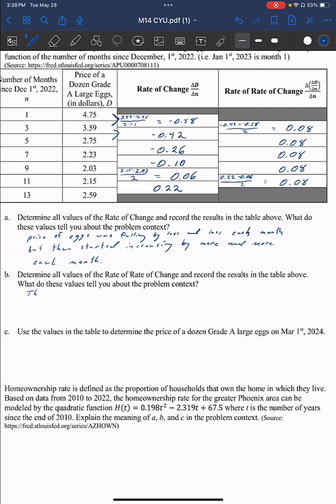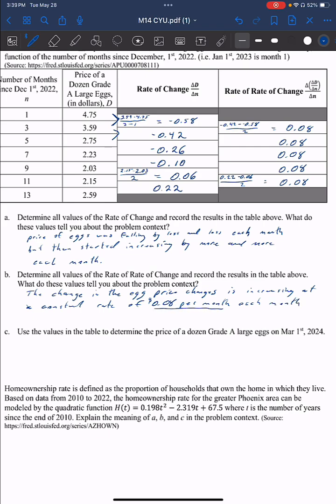So this says the change in the egg price changes is increasing at a constant rate of $0.08 per month each month.